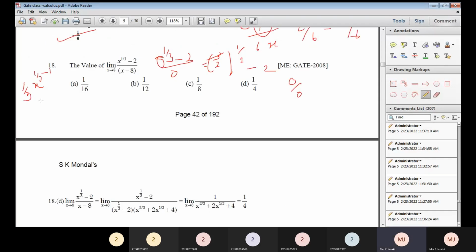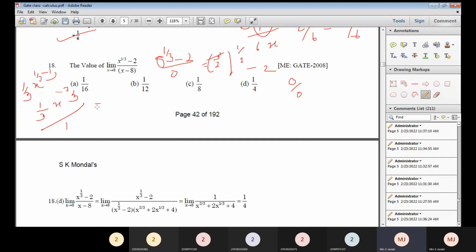This is 1 by 3, x power 1 by 3 minus 1, which is minus 2 by 3. This is your numerator, and the denominator, when you differentiate x, is 1.